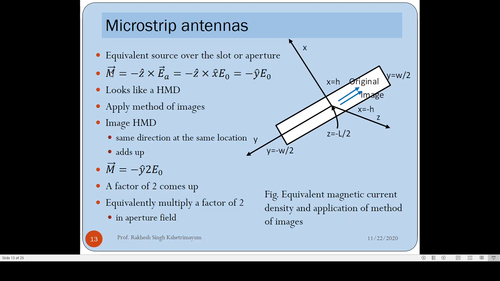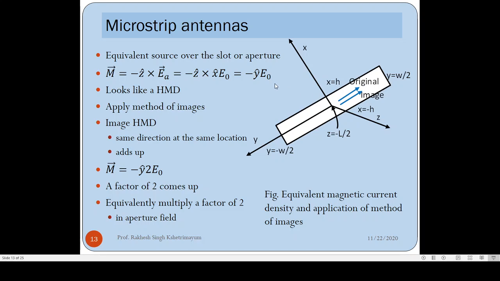I can find out the equivalent source over the slot. It would be minus z hat cross product with E_A. We have the value of E_A, x hat E naught. This is over the slot. So I can find out the equivalent magnetic current density and replace the slot by it.